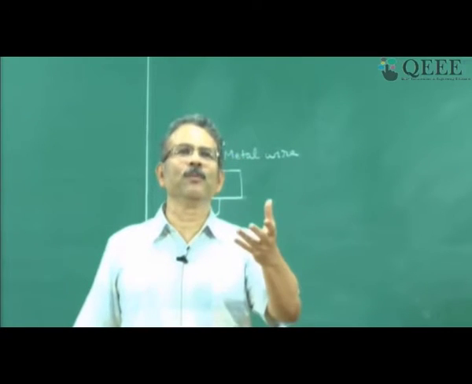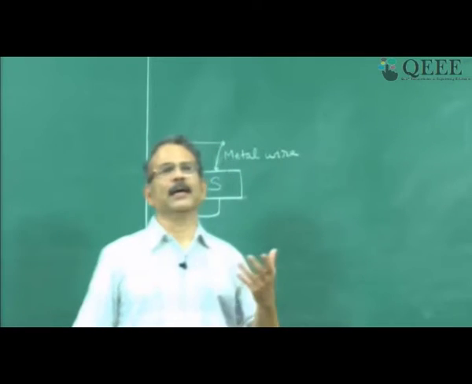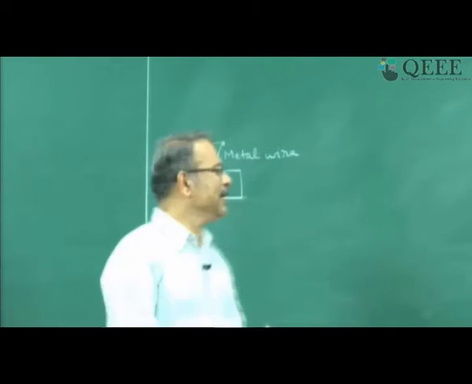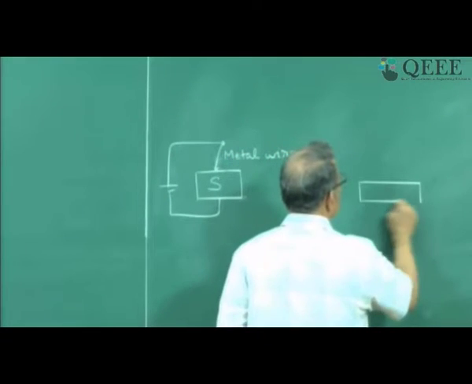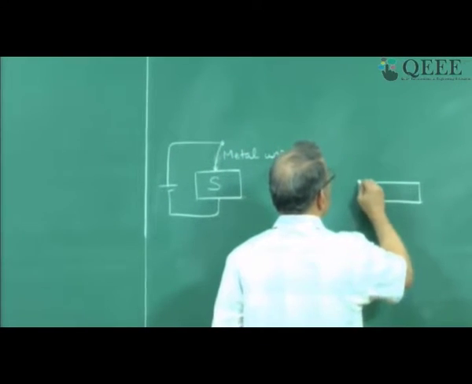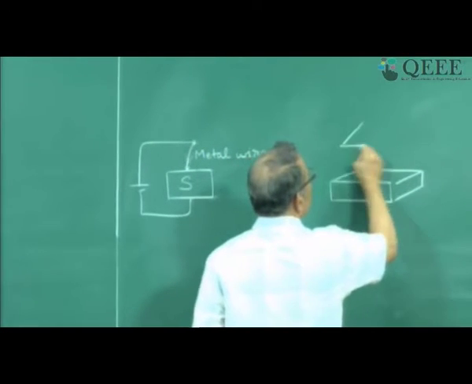That is a 3-terminal vacuum tube device. Why can't you make it in a solid? So they proposed an idea. They said, our idea is the following. I will take a semiconductor block and then I will take a metal electrode.